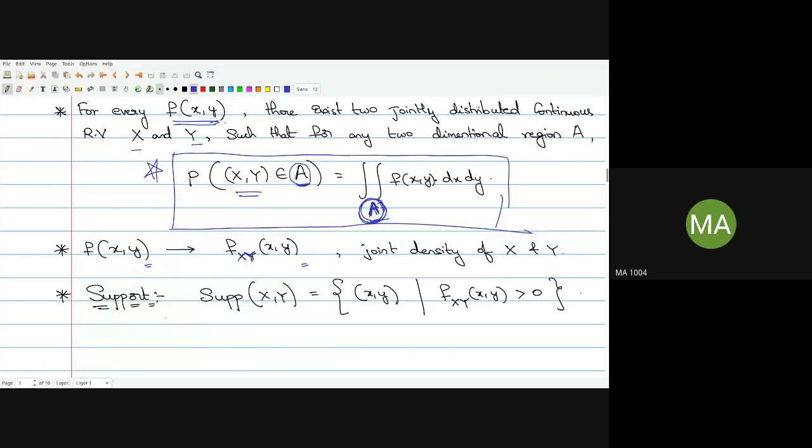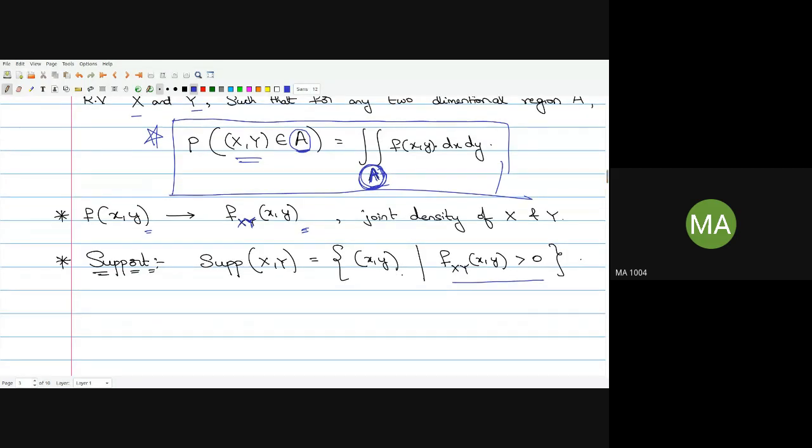The support of (X,Y) is all the points (x,y) such that this joint density value is strictly greater than 0. Whatever the support for a single random variable, that holds for two variables. All such points (x,y) will come into our support.